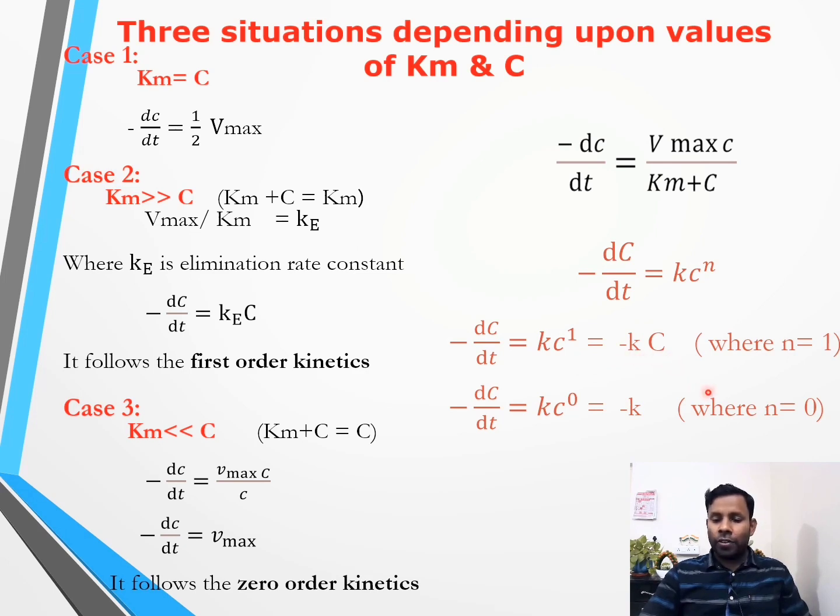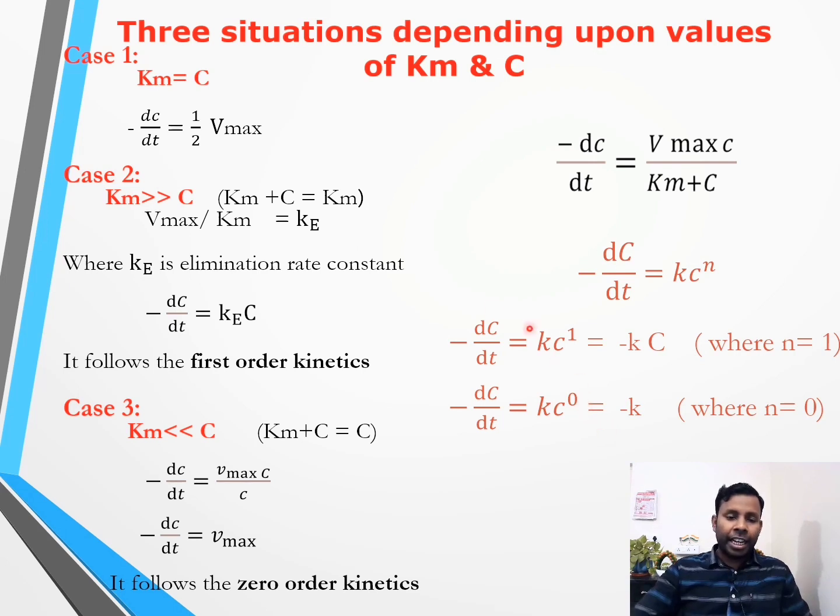In case of a zero order reaction, n will be 0. So C to the power 0 will be 1. So when there is a zero order reaction, this will become minus dC by dt is equal to minus K, because K into 1 is K. So in first order reaction it will be minus KC. In case of zero order reaction it will be minus K.